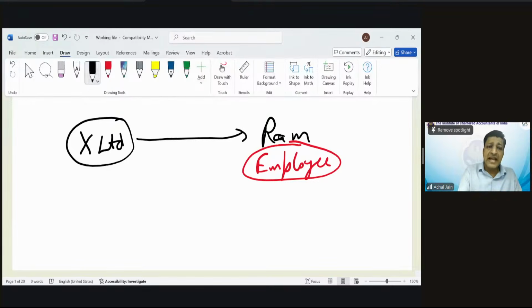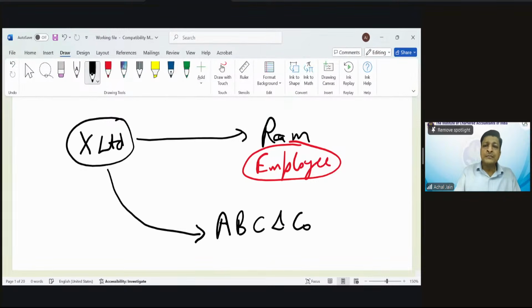And let's suppose X Limited has also engaged one more party, say ABC and company. ABC and company is a firm of chartered accountants. ABC and company will also be required to render services.